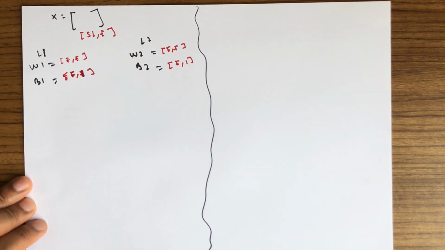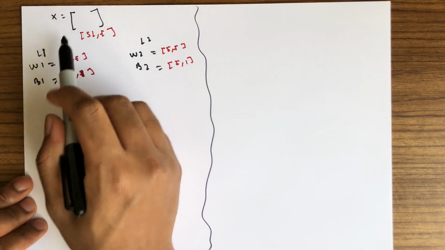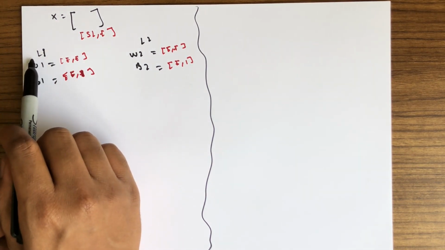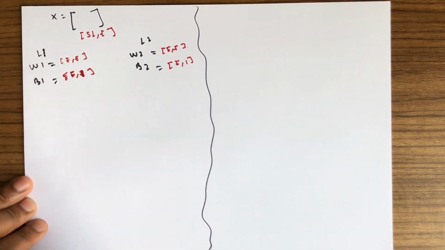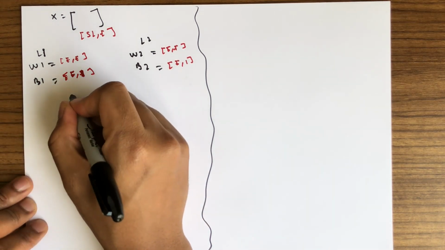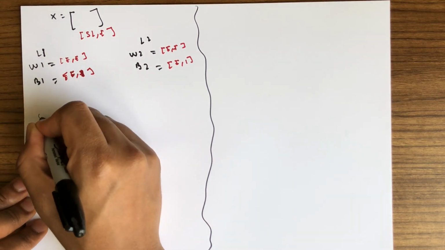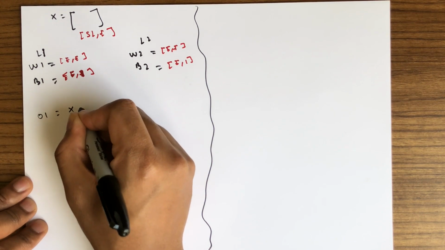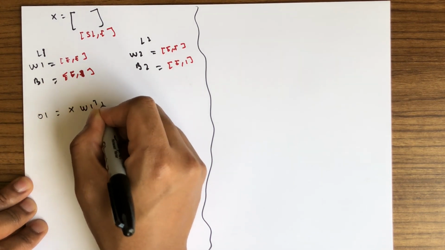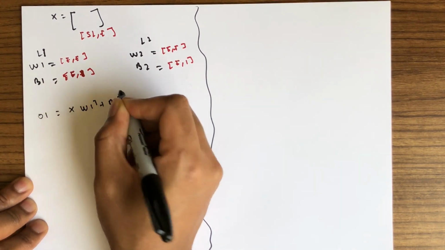So this X will first go through linear layer 1, then linear layer 2. Let's say output 1 is X W1 transpose plus B1 transpose.